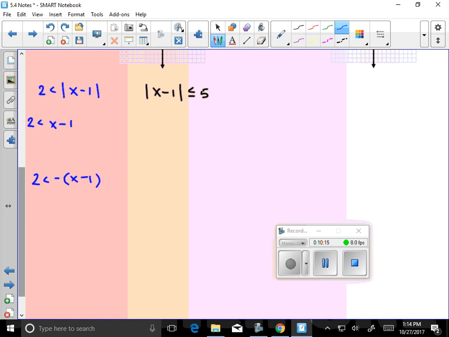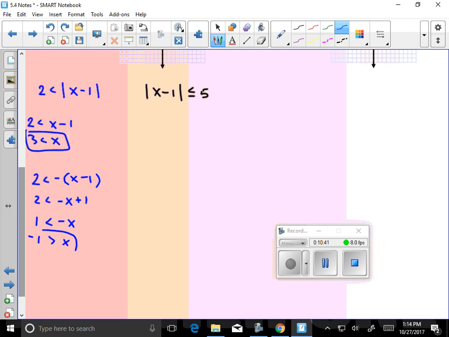Okay, let's solve them. So that would be x is greater than 3. Okay, sweet. Well, I got to distribute the negative on this one, so that'd be negative x plus 1. Now be careful here. I get 1 is less than negative x, but what happens when I divide by a negative? Flips that inequality. Oops, that should be a negative 1.